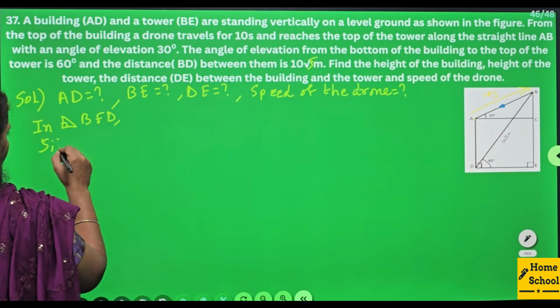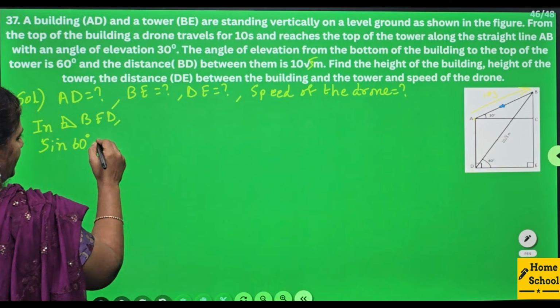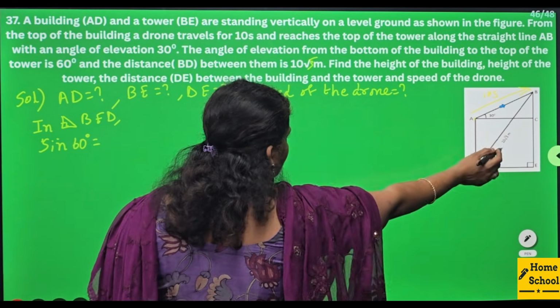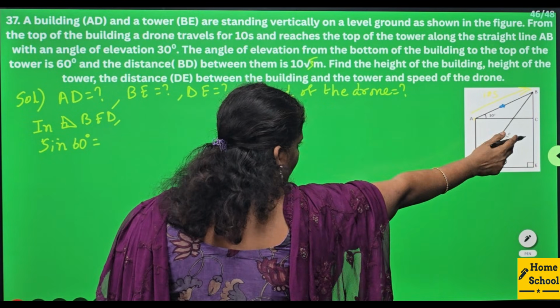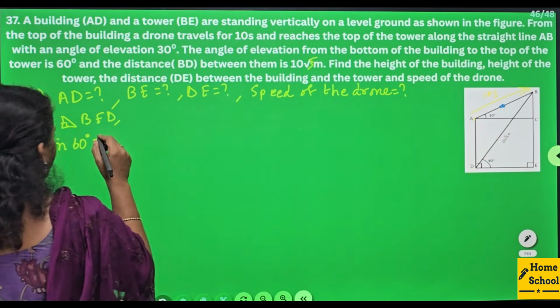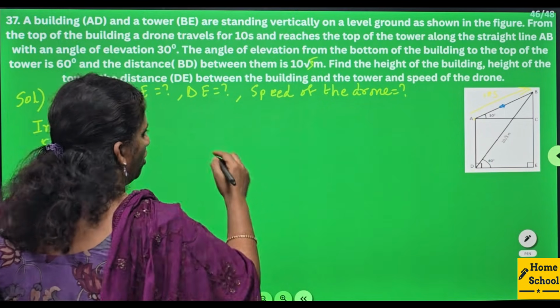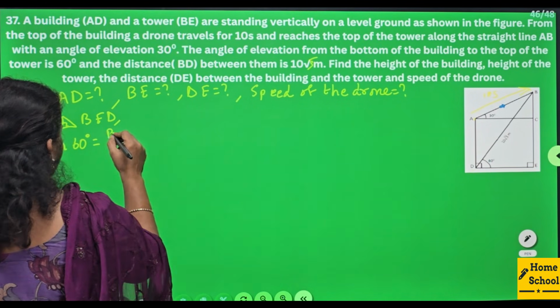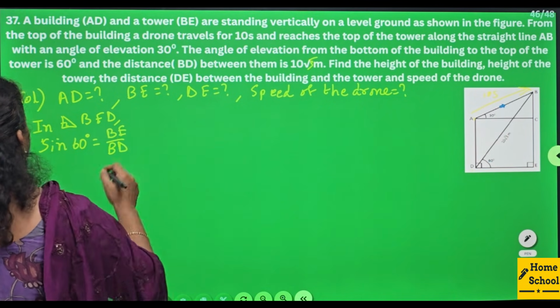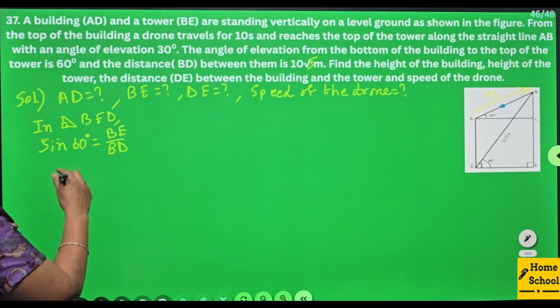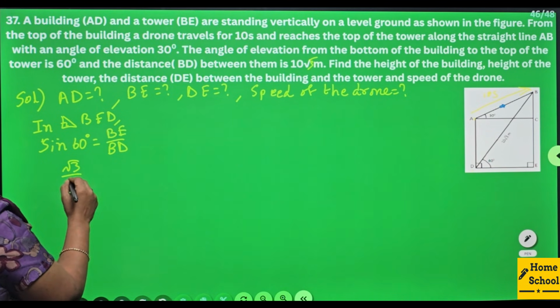Sin 60 degrees is equal to... why do we need to take sin? The angle is here, an acute angle, opposite we will find, we know the hypotenuse. Therefore, sin 60 is equal to opposite by hypotenuse, that is BE by BD. Sin 60 value is root 3 by 2.